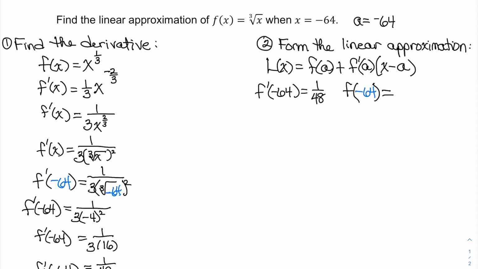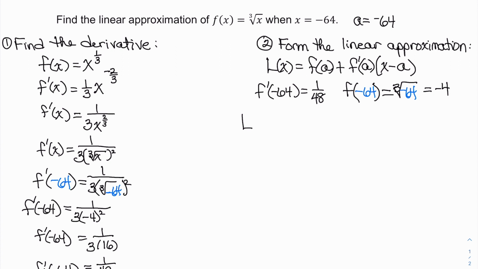The function is the cubed root of x. So that's the cubed root of negative 64, which gives us negative 4. And then our a value is negative 64. So we're ready to plug everything in.